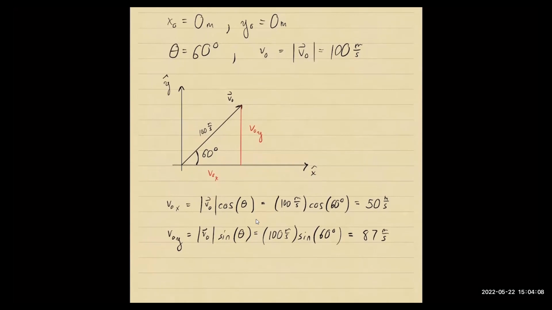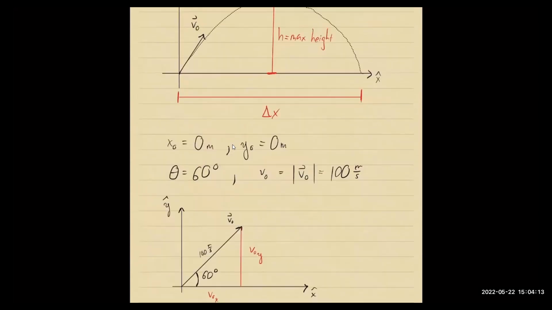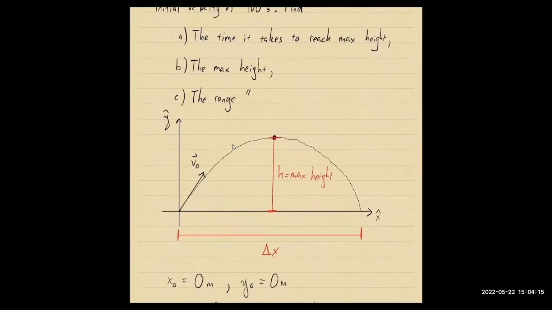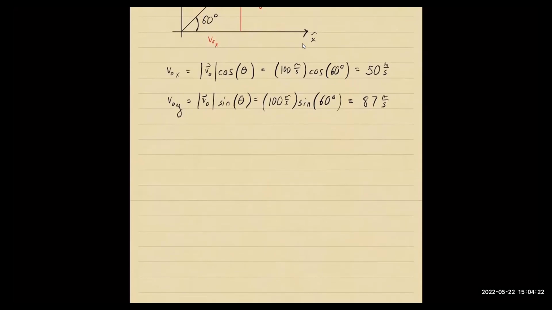Okay, so now that we've broken up our initial velocity vector into its x and y components, let's start by solving for part A. So we want to figure out how long it takes to reach the maximum height. Well, that's not too bad.